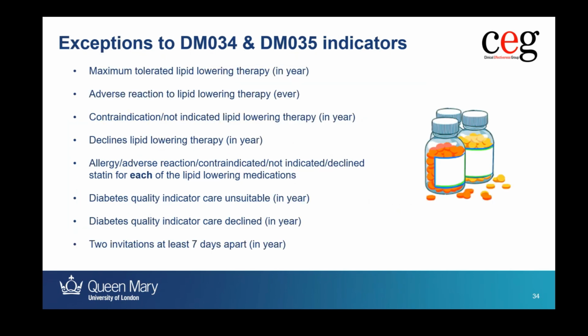The exception for these two indicators is maximum tolerated lipid lowering therapy. So do code that if you have prescribed a maximum lipid lowering therapy for the patient. Code this and it will remove the patient from the denominator. Record if they have an adverse reaction to lipid lowering therapy ever.